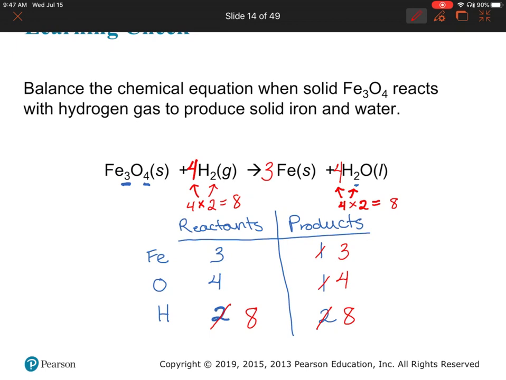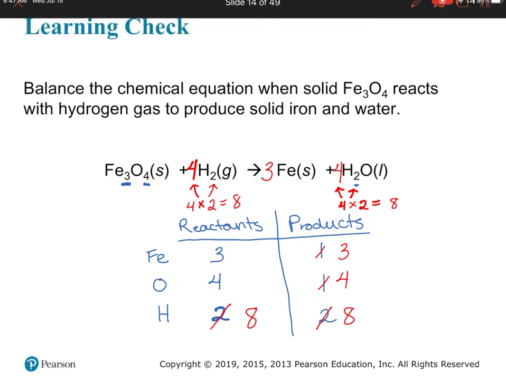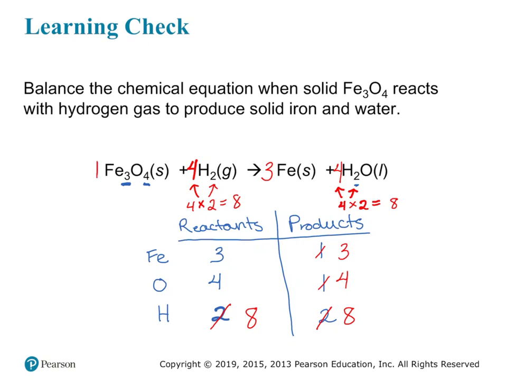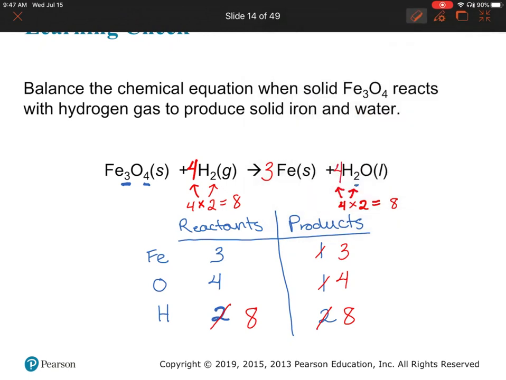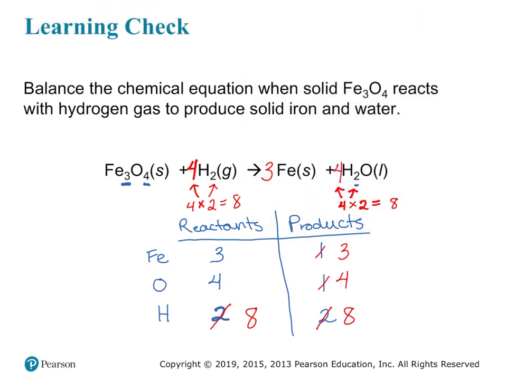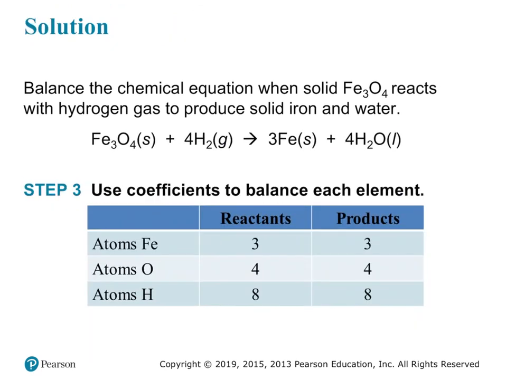But if you want, you can always erase your numbers and then kind of go back through and make sure you have the same number of atoms on each side. Okay, so that means our coefficients are 1, 4, 3, 4. So you could write a number 1 in front of that first reactant, but oftentimes if something is by itself, we just leave it blank. And then here are the solution slides for that problem.